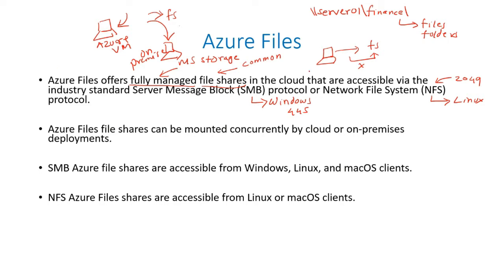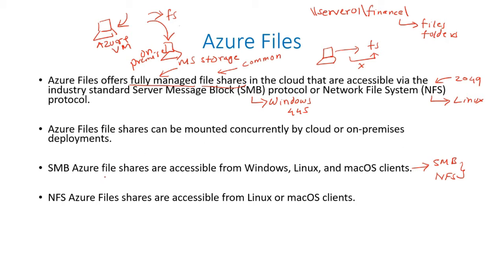If you go to the Azure portal and click on file share creation, we won't be asked by default whether we want to use the SMB protocol or the NFS protocol. We will just be provisioning the file share, that's it.